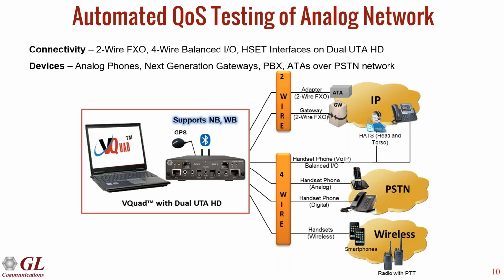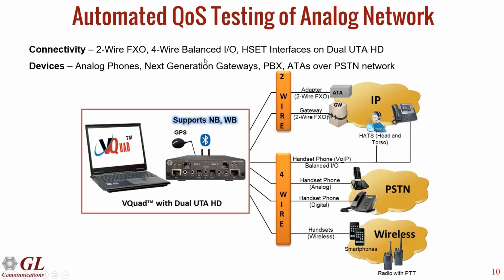The other side is waiting for an incoming call, basically a ring, and we can connect the call. So it's all automated, fully automated, goes through the full call process, and there's configurations built within VQuad to specify what your dial tone is and what your ring back and busy tones are, depending on what region of the world you're in.